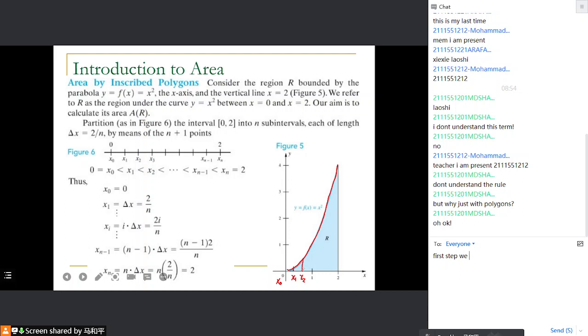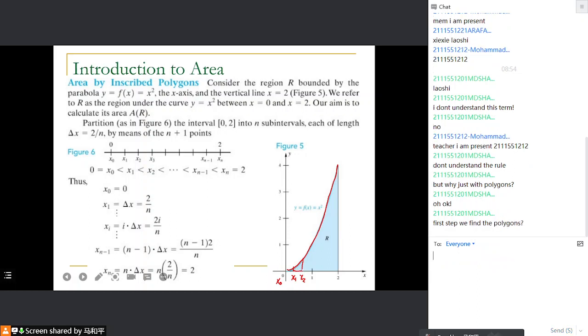A rectangle, we use the base here. The base is x1, x2 is the first one, and the height. Yes, we find the areas of these polygons, and then we take the limit.